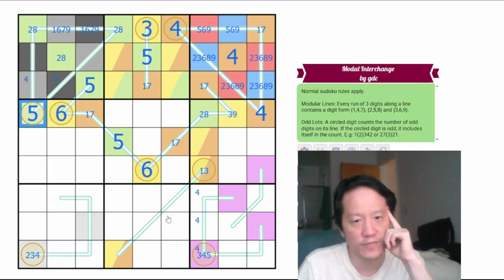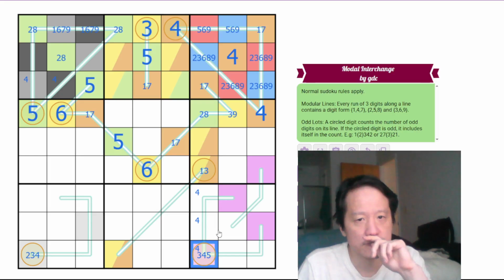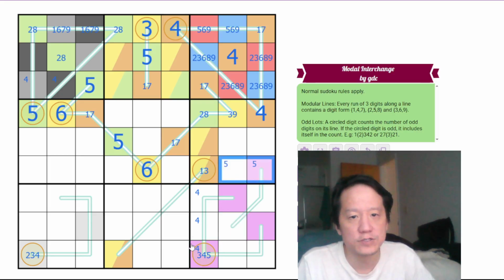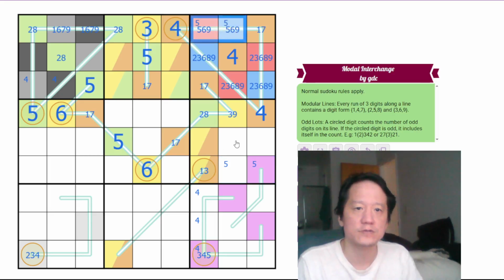Because it can't be 5. So 5 has to be one of these 2 digits here.